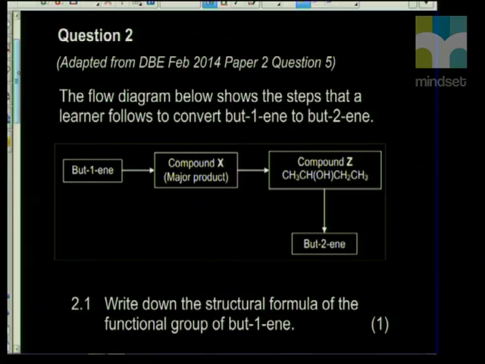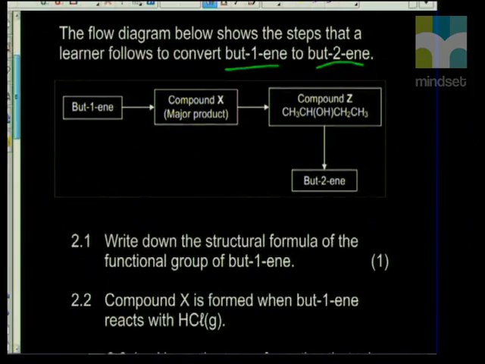First thing, it says the flow diagram again shows the steps that a learner follows to convert but-1-ene to but-2-ene. Now look where it takes us. It starts with but-1-ene. Now remember, but is 4, and the ene tells us it's 2 times 4 is 8.